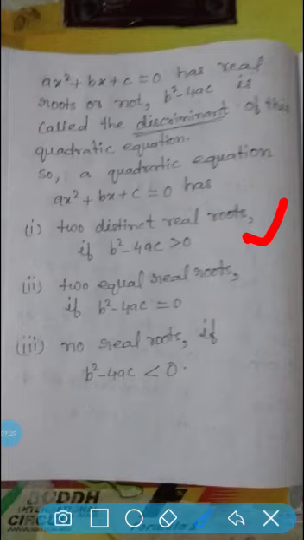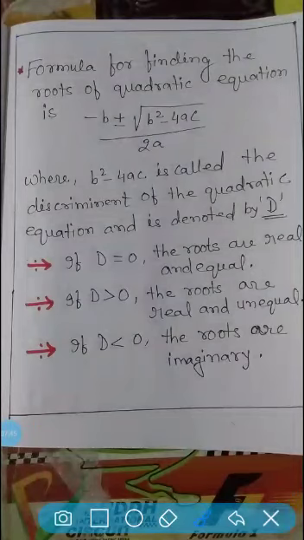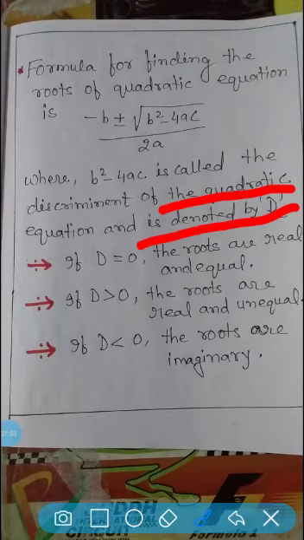b square minus 4ac, we can also write D. It has two equal roots if b square minus 4ac equals 0, and no real roots if b square minus 4ac is less than 0. So you can write the conclusion: the formula for finding the roots of a quadratic equation is minus b plus minus root b square minus 4ac by 2a, where b square minus 4ac is called the discriminant and is denoted by D. If D equals 0, the roots are real and equal.